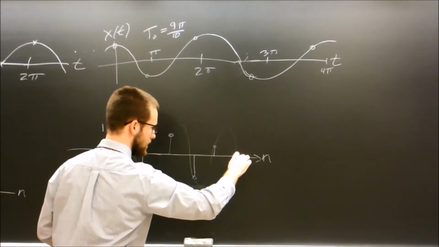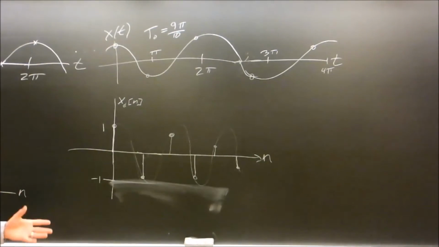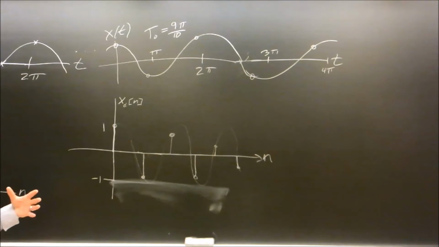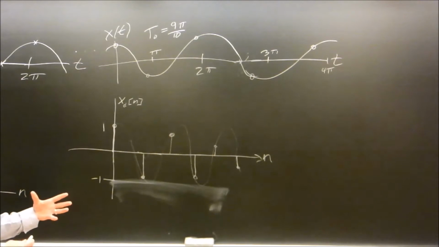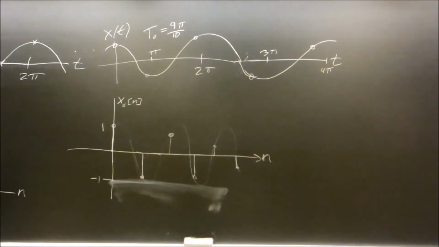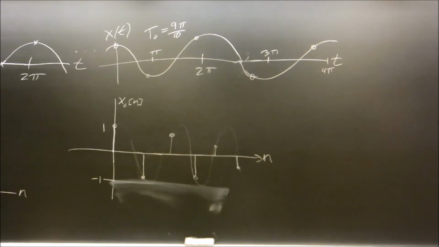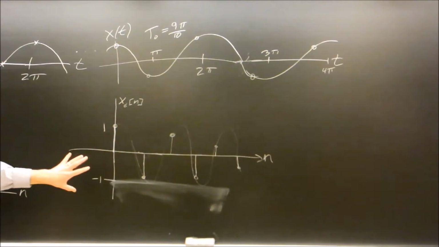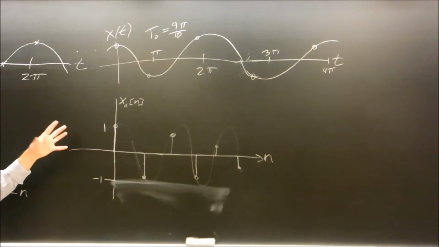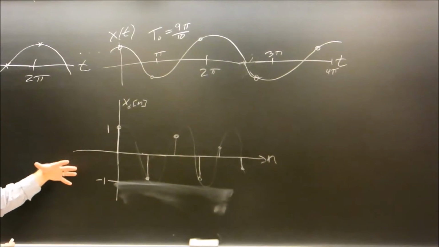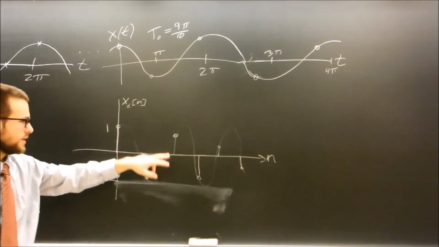You can imagine this fitting in there. I've drawn it imperfectly, but the idea is there. These are two examples of continuous time signals with a sampling period, which yield discrete time signals where you can visually see where the original signal fits in.